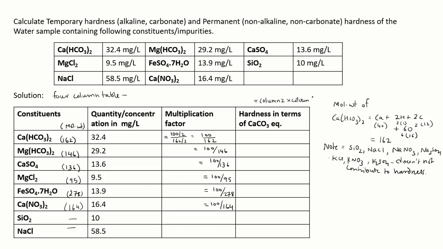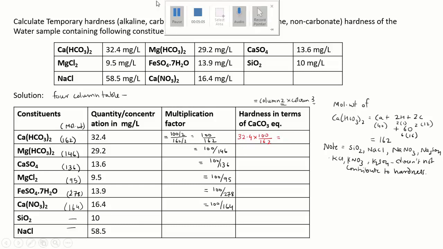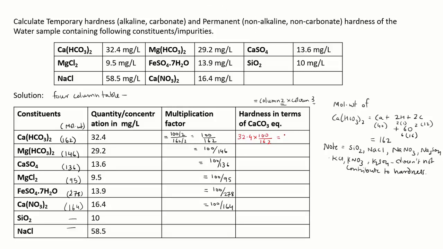Now the second column is quantity or concentration. You multiply this second column by the multiplication factor, column 2 into column 3, to get the corresponding value. For example, the first case is 32.4 into 100 by 162, which gives the value in terms of calcium carbonate equivalent.